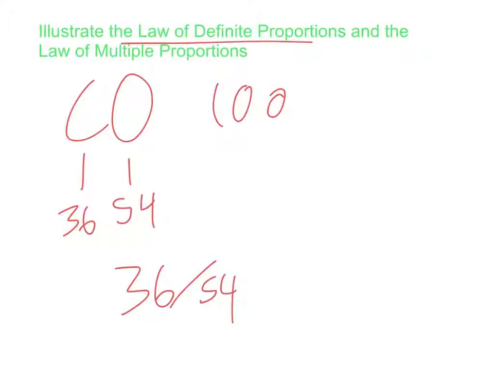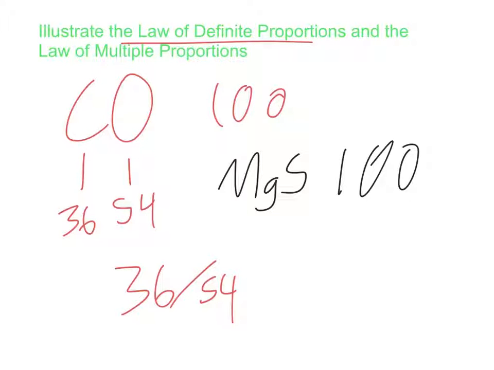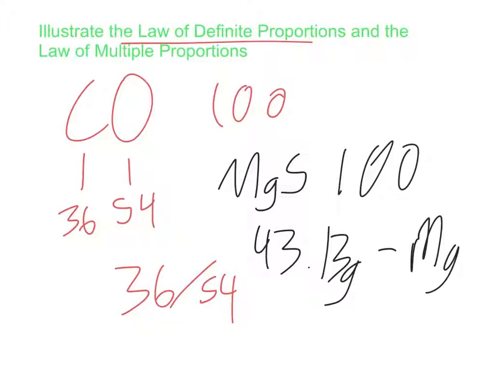So to do this actually, you can see magnesium sulfide, MgS. If you have 100 grams of that, then you would obtain 43.13 grams of magnesium and 56.87 grams of sulfur.